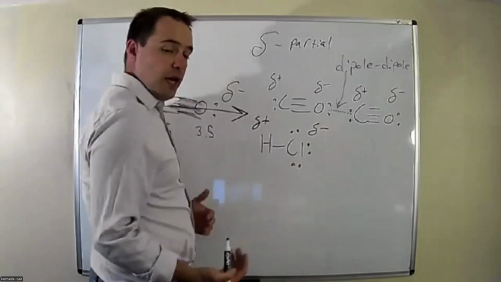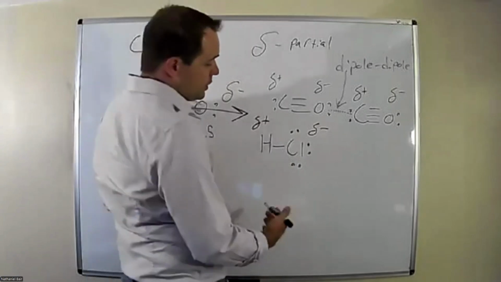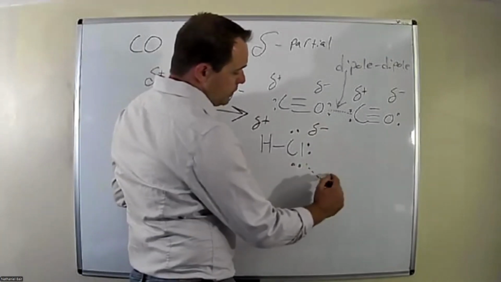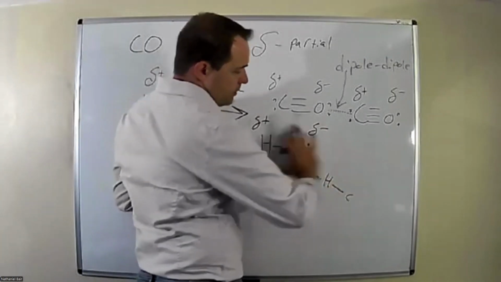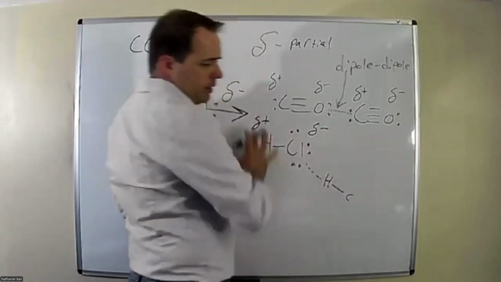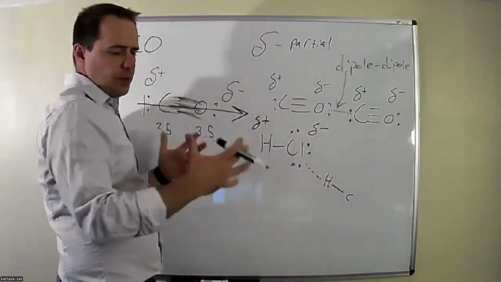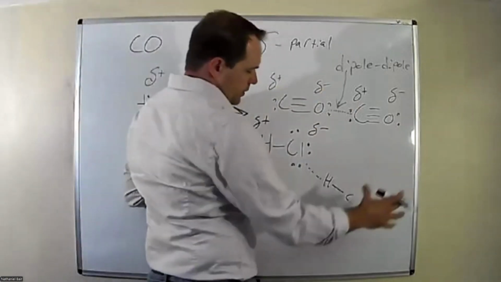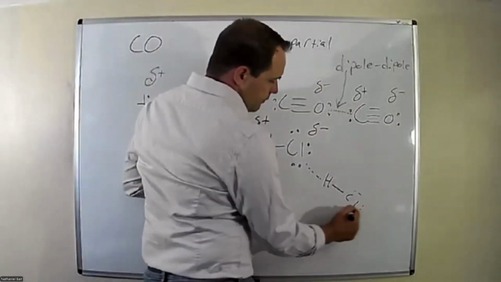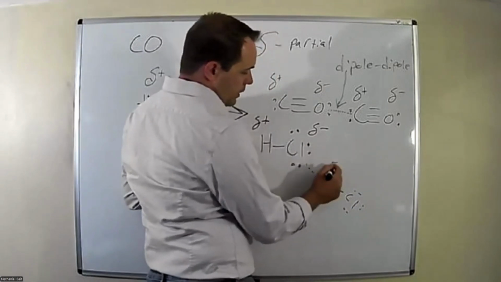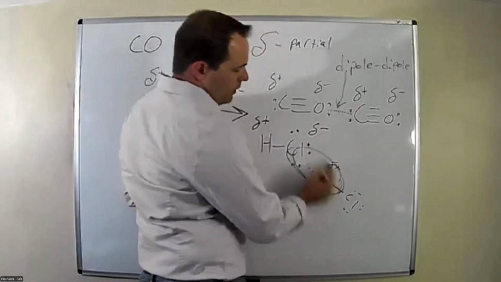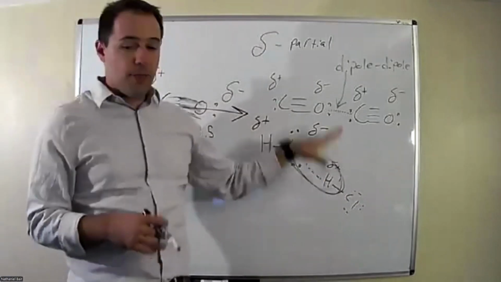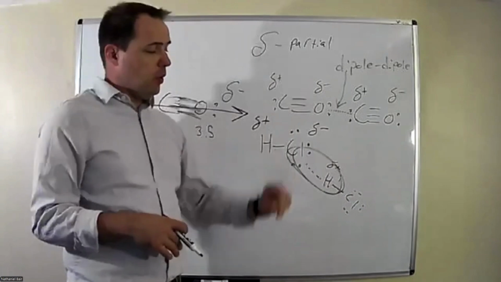Two molecules of HCl are going to want to aggregate together such that the partially negative chlorine of one is interacting with the partially positive hydrogen of the other, and it doesn't always have to be in a straight line, right? I think in the liquid or solid phase, it's three dimensions, okay? So you don't have to draw a straight line, as long as the partially negative end of one and the partially positive end of another are interacting. That's a dipole-dipole force, folks.